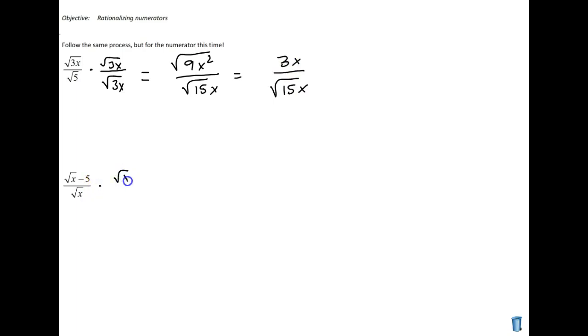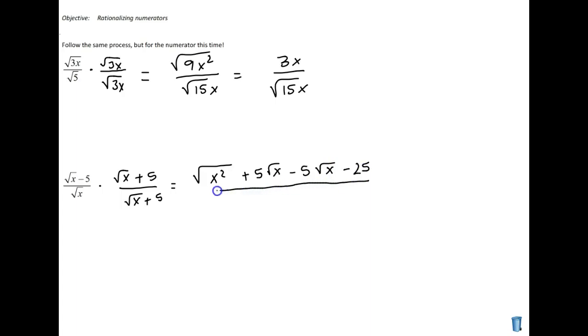Similarly, this becomes, we're going to multiply by the conjugate, so square root of x and then plus 5 for both. So this gives me the square root of x squared plus 5 square root x minus 5 square root x, and then minus 25. Ooh, that's long.